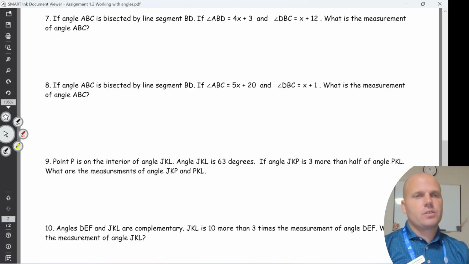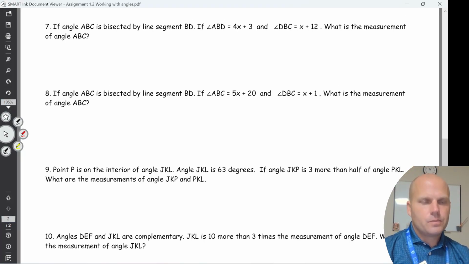The rest are very similar, so let's see if we can keep going. Number 7, if angle ABC is bisected by the line segment BD, ABD equals 4x plus 3, DBC is x plus 12. What is ABC?